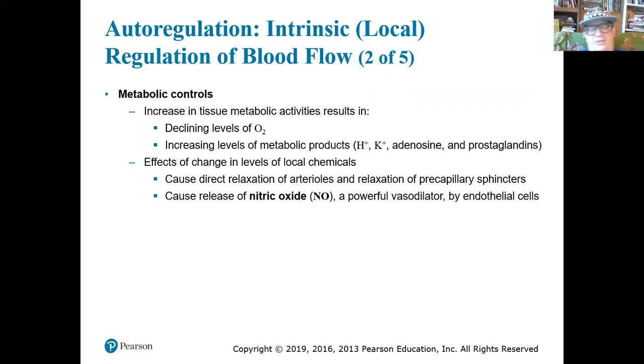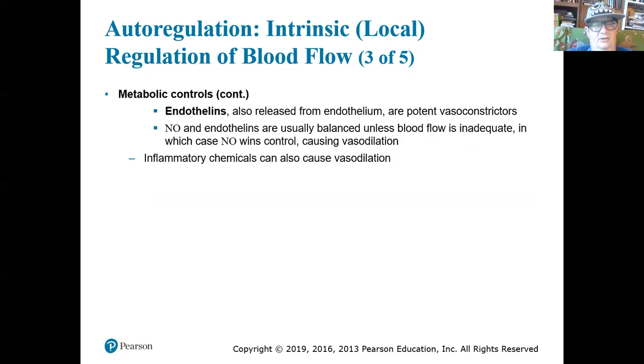How does the body compensate? It could directly relax the arterioles and relax the precapillary sphincters, so you have nice oxygenated blood delivered to the site. It could also release nitric oxide, a chemical that causes vasodilation, delivering even more blood than you would expect because you just vasodilated. All right.